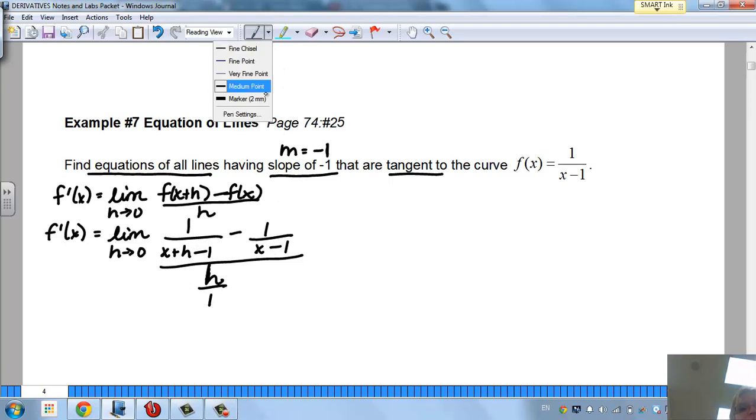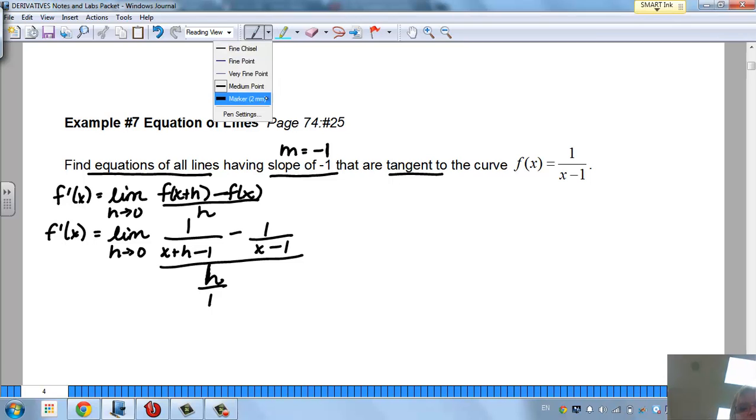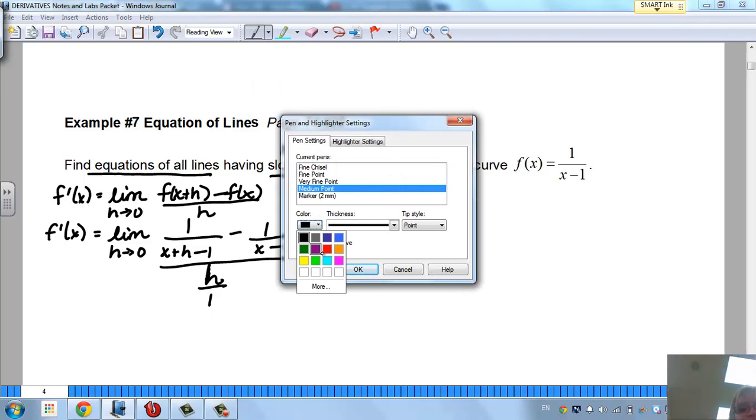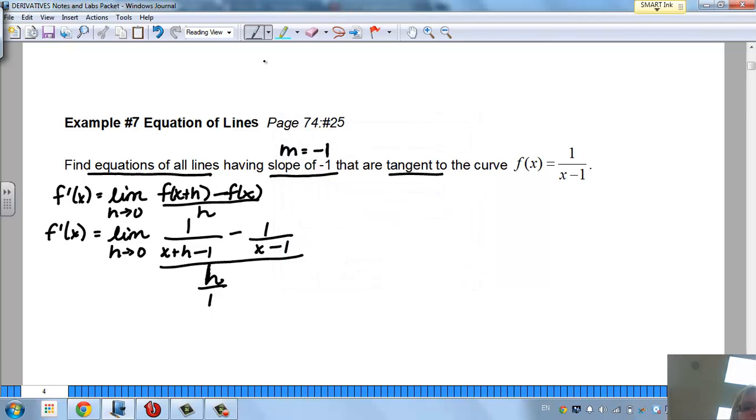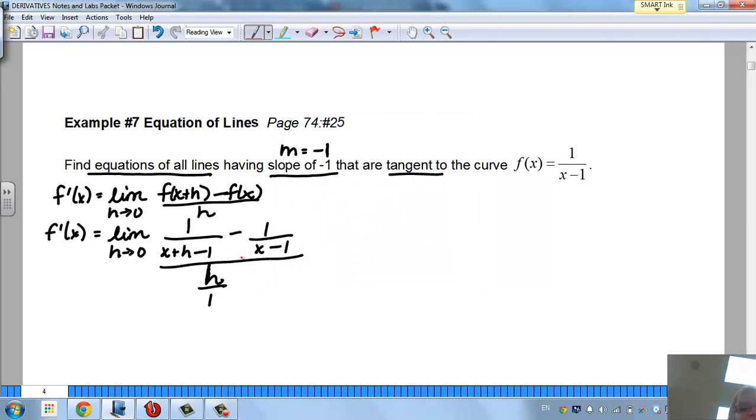Alright? So I'm going to do this in a different color so maybe you can see it better. I'm going to multiply everybody by x minus 1 times x plus h minus 1.